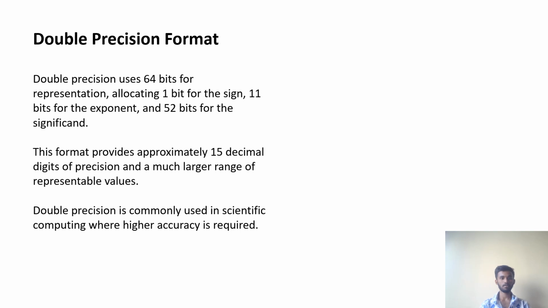This format provides approximately 15 decimal digits of precision and a much larger range of representable values. Double precision is commonly used in scientific computing where higher accuracy is required.